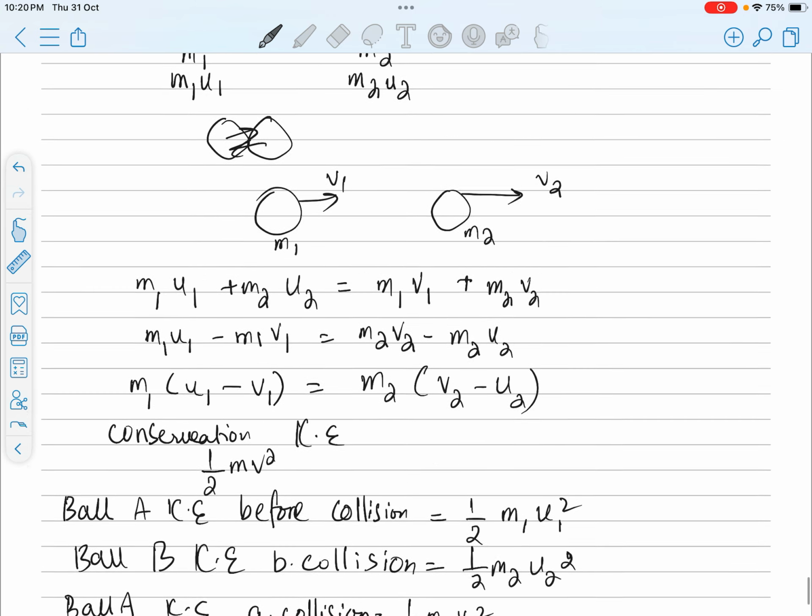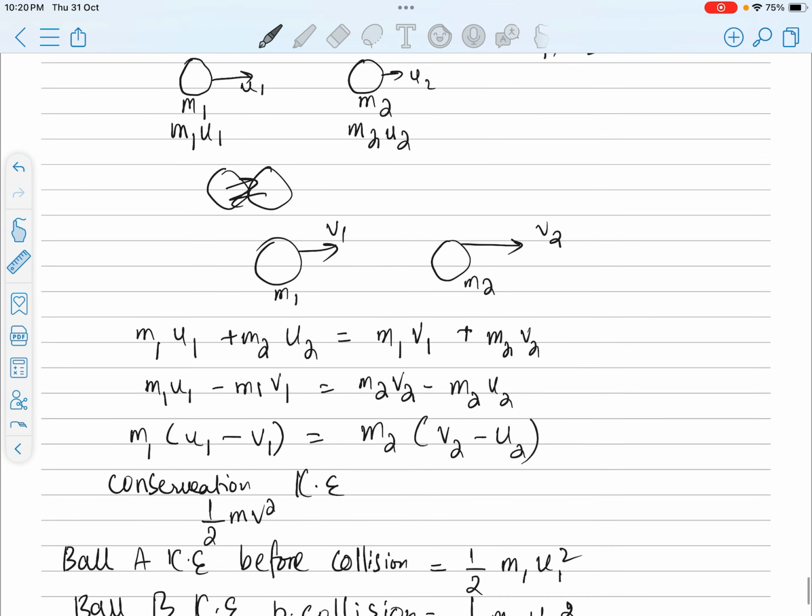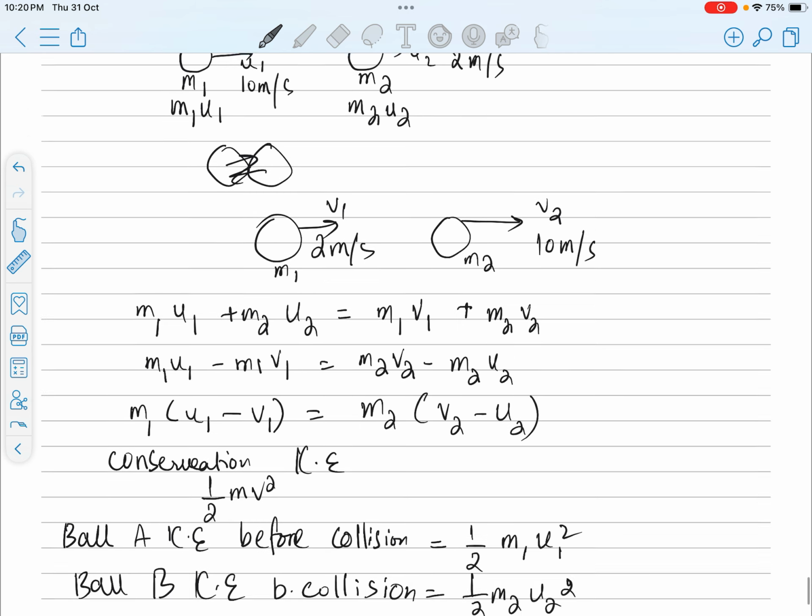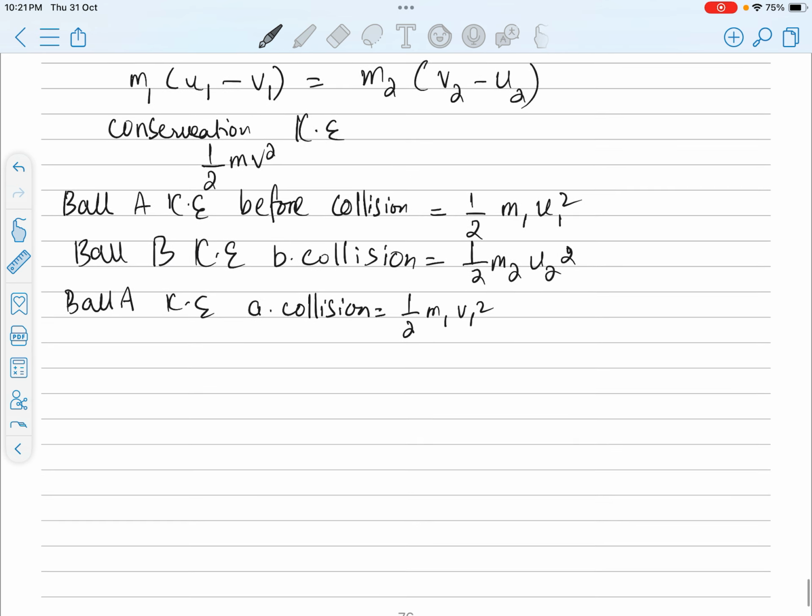You can see from here that if, for example, the velocity is 10 meter per second, this is 2 meter per second. After this, the velocities have exchanged. The two will exchange their velocity. Ball B kinetic energy after collision is half m2 v2 square.